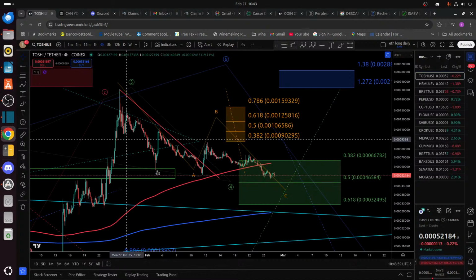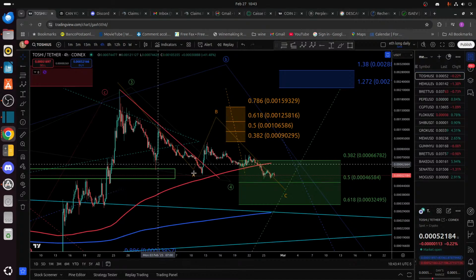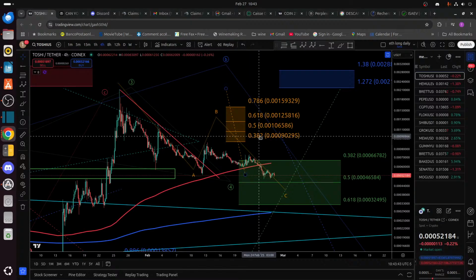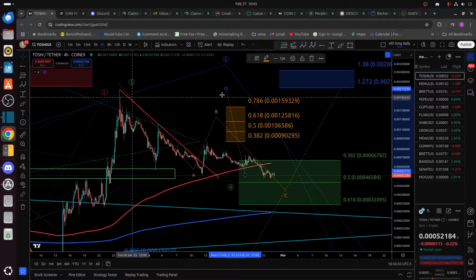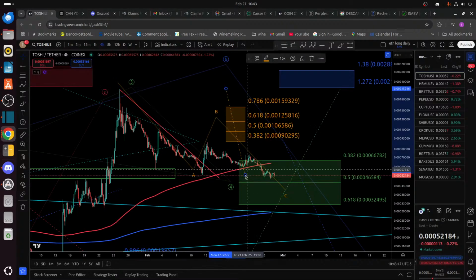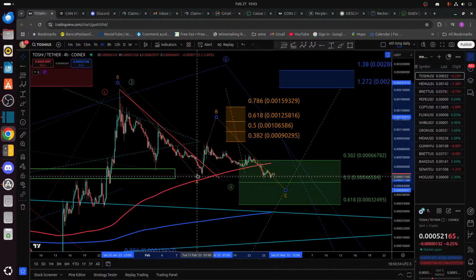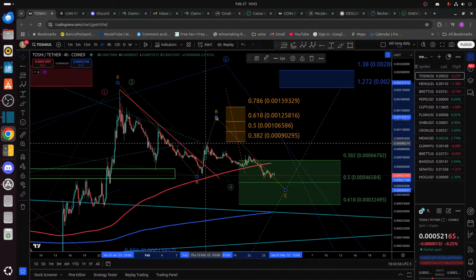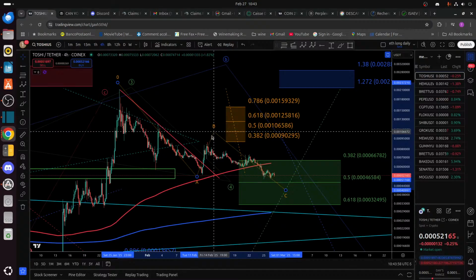Let me double check here. I started here and there, so I counted this as a wave A. This, I'm guessing now, has to be the B, and the C is still.